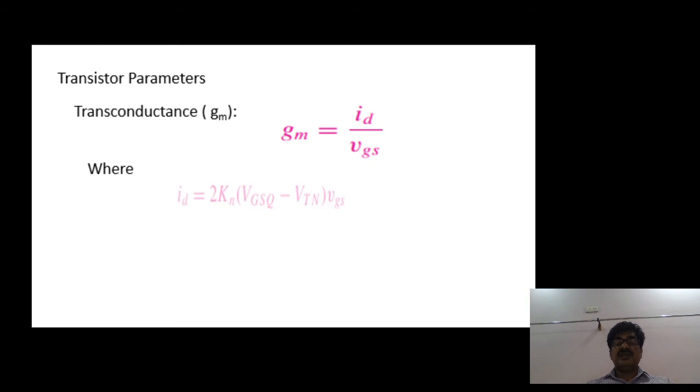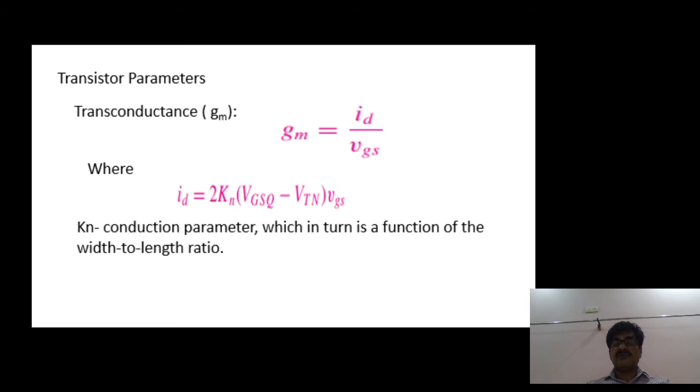Here the drain current is given as, already in the subject EDC you have seen, the drain current of the MOSFET as Kn into (VGS minus VT) squared. This is the drain current equation, where Kn is referred to as the conduction parameter, which is a function of the width to length ratio.